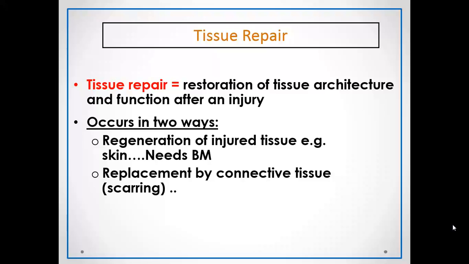Scarring, fibrosis, or healing by connective tissue are almost synonymous. However, using the term connective tissue is not as accurate as fibrosis, because connective tissue is normal. However, fibrosis is not normal.